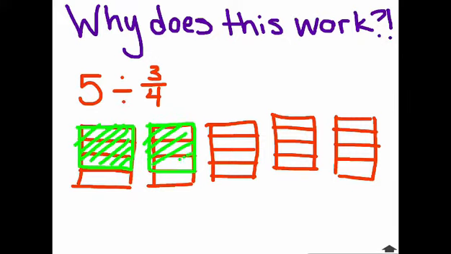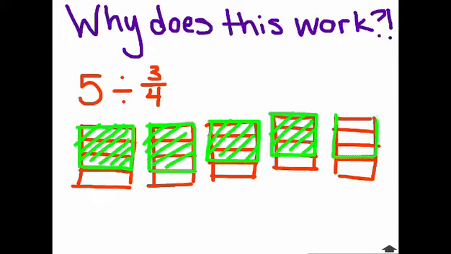2, 3, 4, 5. So far I have 5 groups of 3/4, but on each of these containers I still have 1/4 that hasn't been used yet.